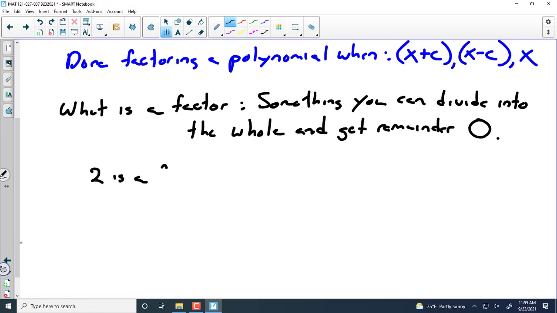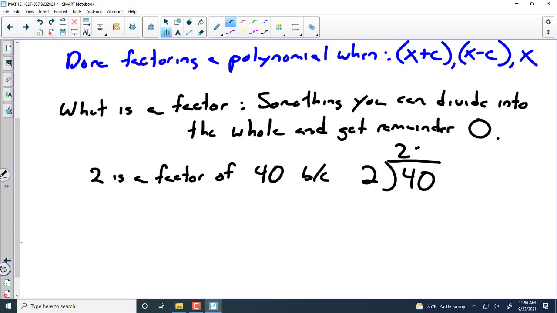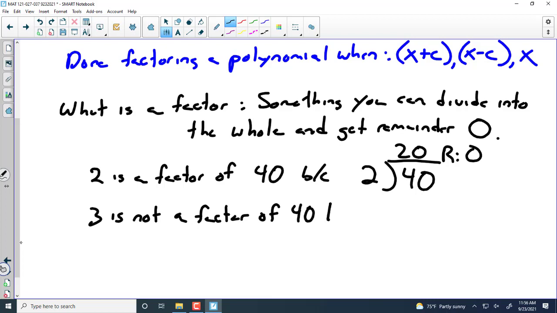Two is a factor of 40 because 2 goes into 40 20 times, remainder 0. 3 is not a factor of 40 because 3 goes into 40 13 times, remainder 1.